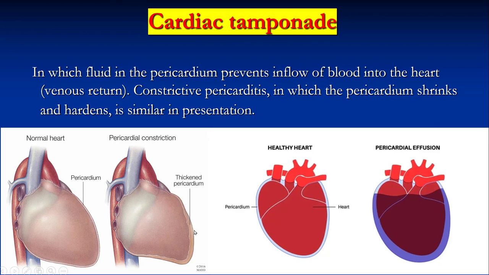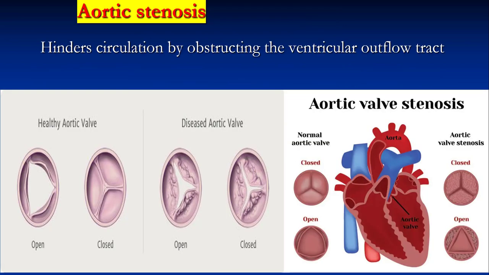These are double wall chambers which surround the heart, and when fluid, blood or pus accumulates in this chamber, it causes compression of the heart and prevents the heart from pumping, leading to shock. Another cause is calcification of the pericardium, which hardens the pericardium and prevents the heart from beating or pumping blood and leads to shock.